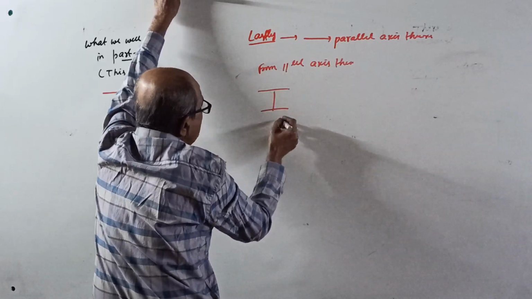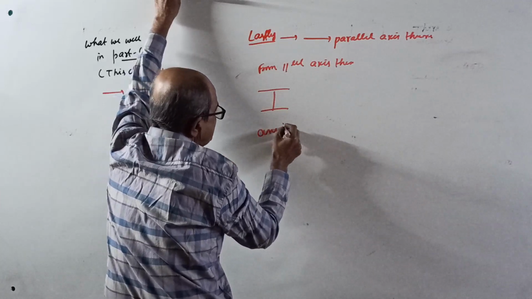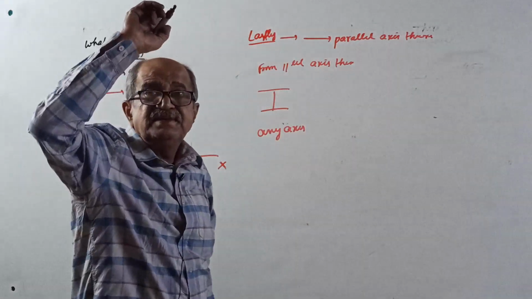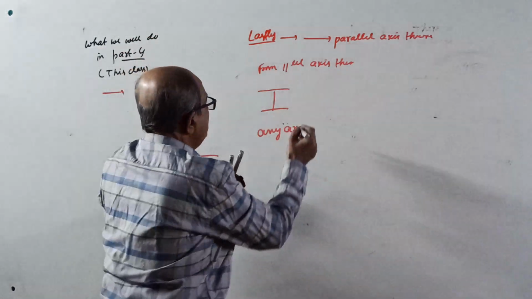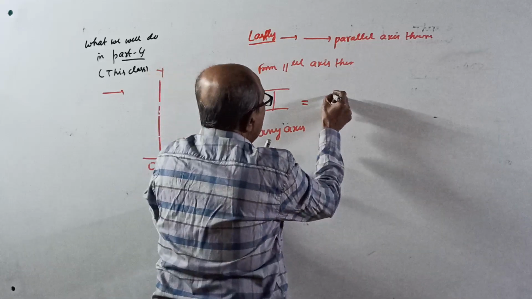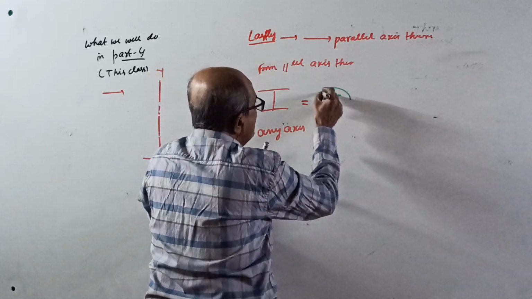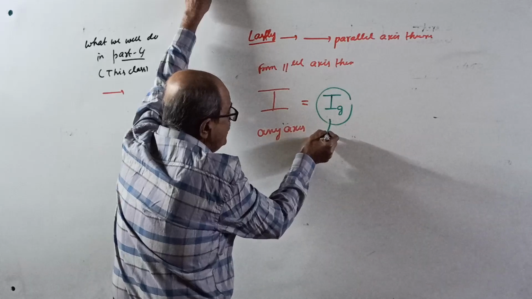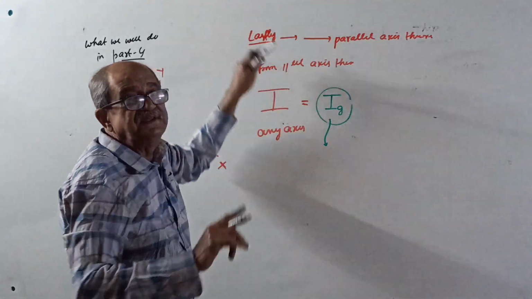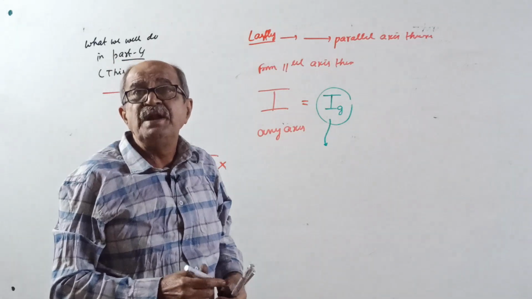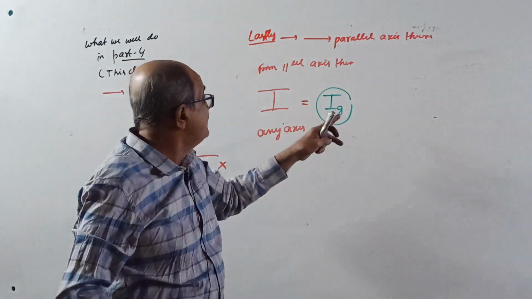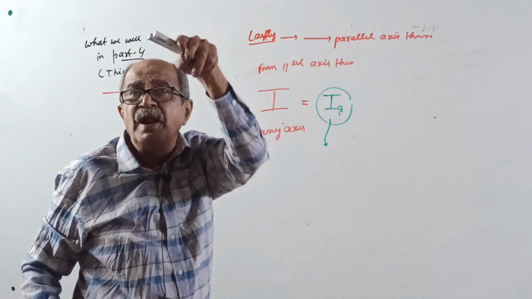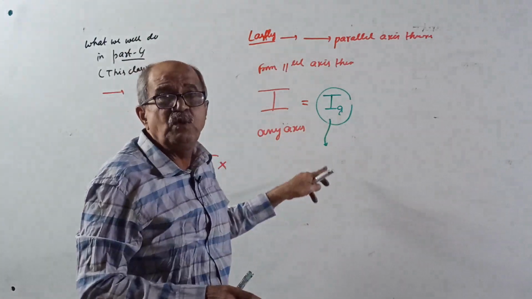I about any axis, make a note, it can be OX, it can be OY, it can be XX and YY later. I about any axis is equal to IG, the moment of inertia of the component considered about its own centroidal axis, that is, the axis passing through its own centroid, small g, parallel to the required axis.